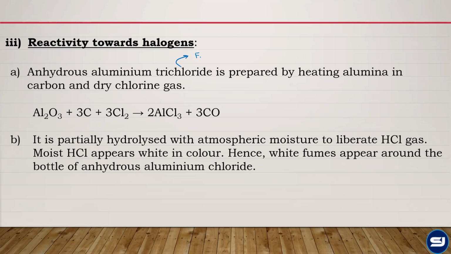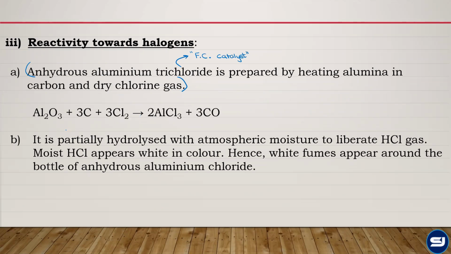The moment you see anhydrous AlCl3, याद रखना, it is an important compound for the Friedel-Crafts reaction. So anhydrous aluminum trichloride is prepared by heating alumina in carbon and dry chlorine gas. Direct यही statement आया हुआ है, and this was not given in NCERT. I have added it as a note.